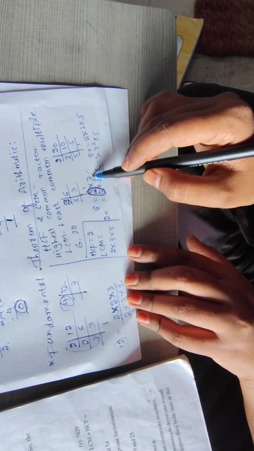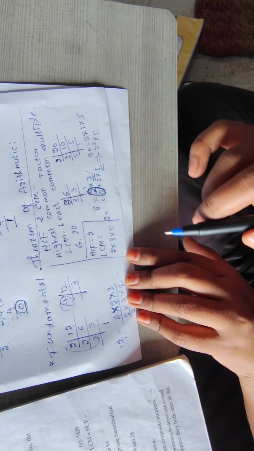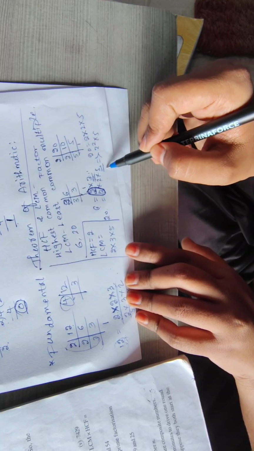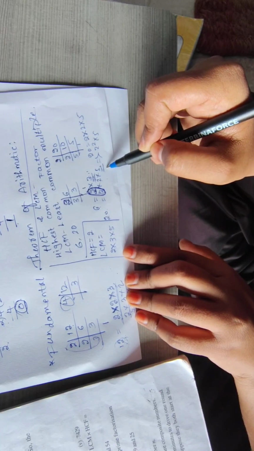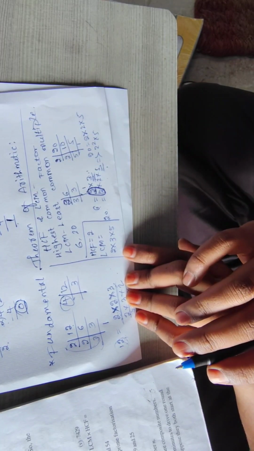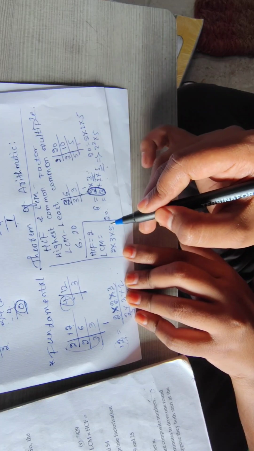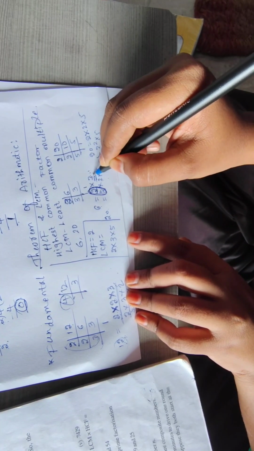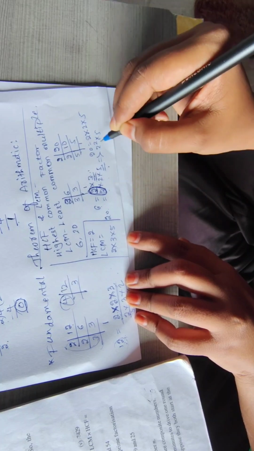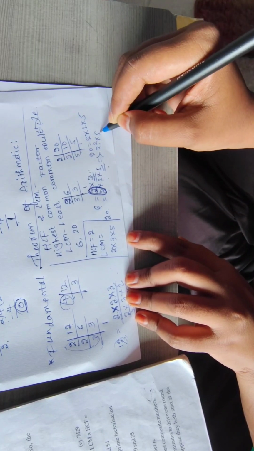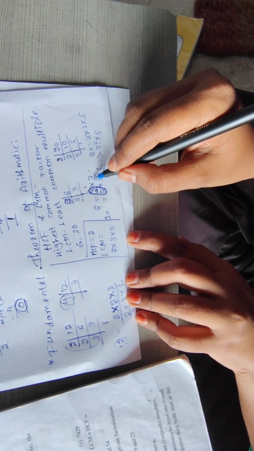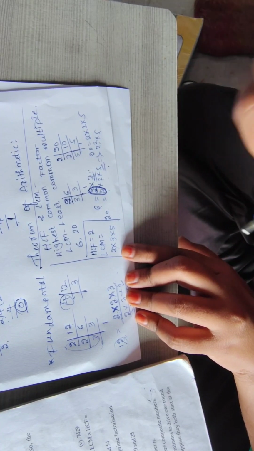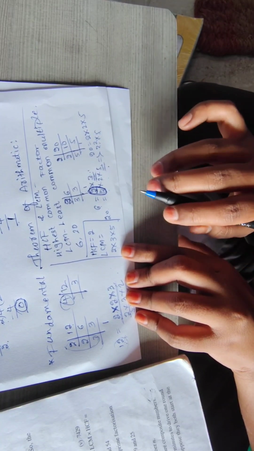After writing the factors, listen, we have to see their powers. The ones having the highest power, we have to mention. Here we have 2 and 3, and here we have 2 square and 5. We have written all the factors first. After that we have to see the highest power of the respective number.